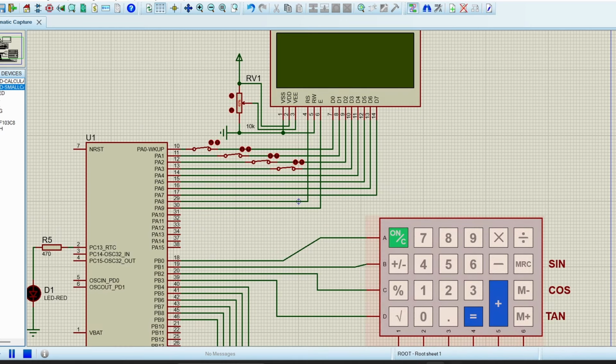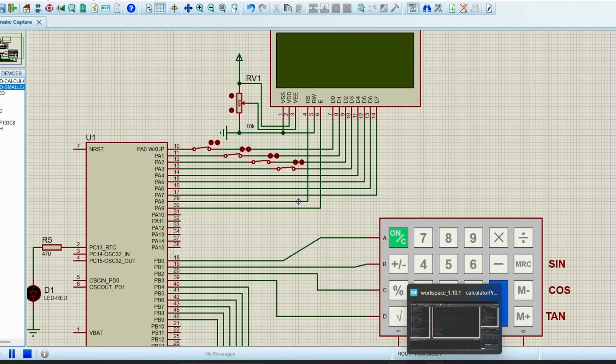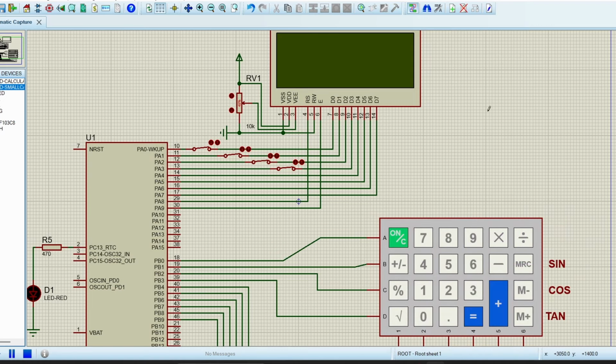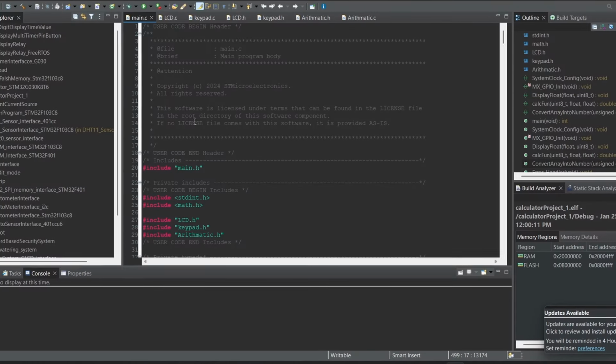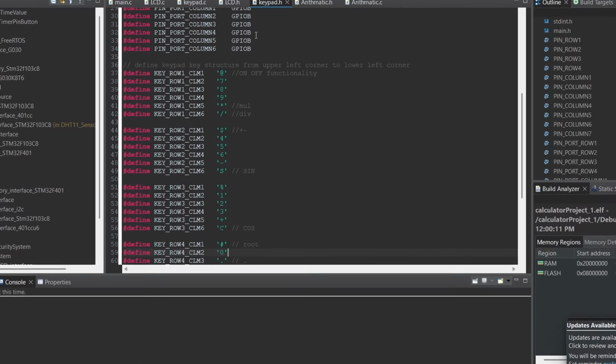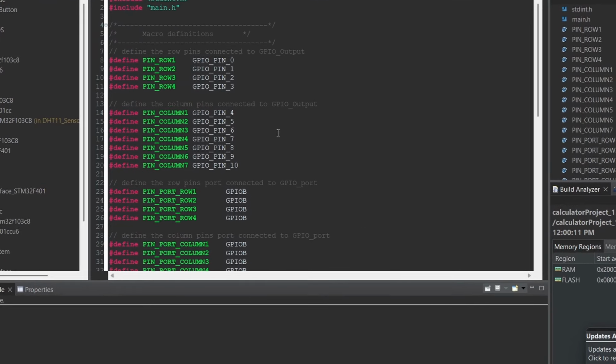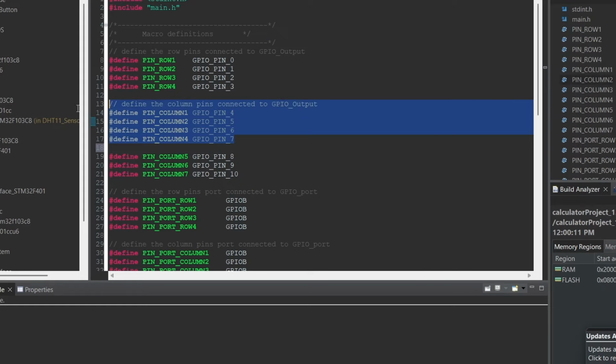Now coming to the code, the first thing that we need to do is verify that we have configured the pins. In our previous video, we configured only 8 pins, 4 rows and 4 columns.